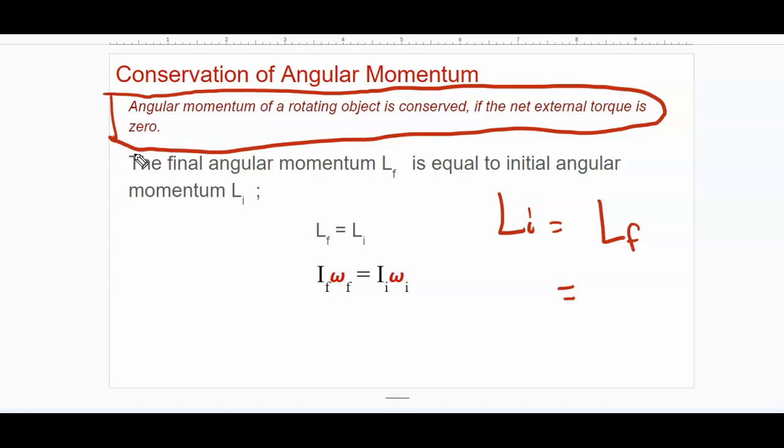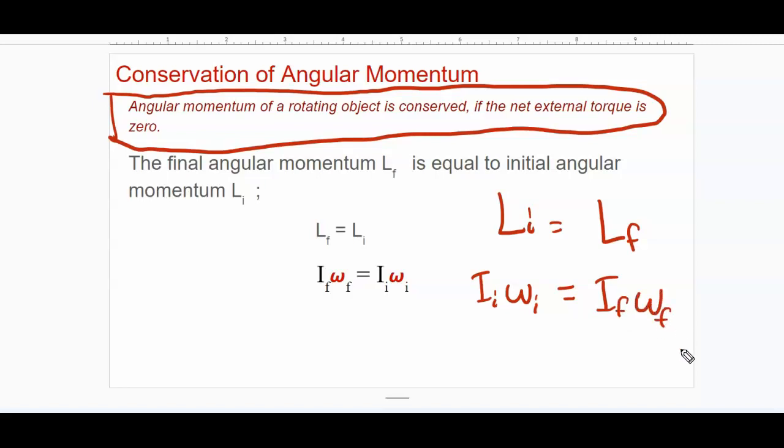In other words, if there's no net torque on a system, then the total angular momentum does not change. Basically what that means is that the initial angular momentum would be I initial times omega initial, and the final angular momentum would be I final times omega final.